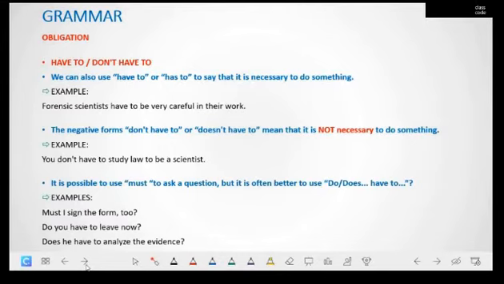Muhammad Jamil. He says that we use must for things which are urgent. All right. Okay. Well, I disagree with you, Muhammad Jamil. Not really.